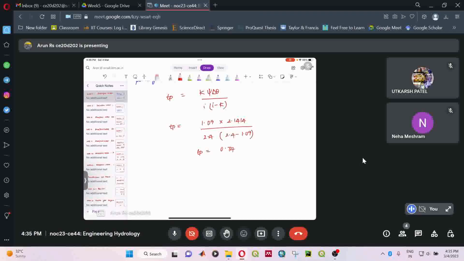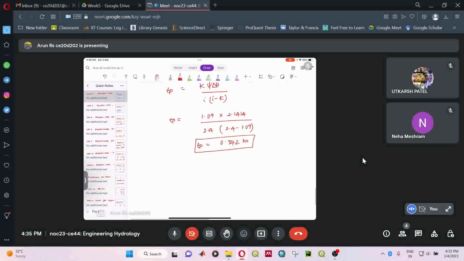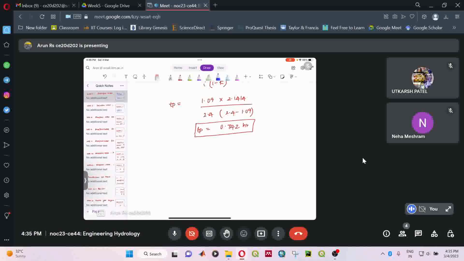So this is equal to 0.742 hours. Now, since the difference is very small, we are going to assume ponding starts at time t equal to 0.75 hours.